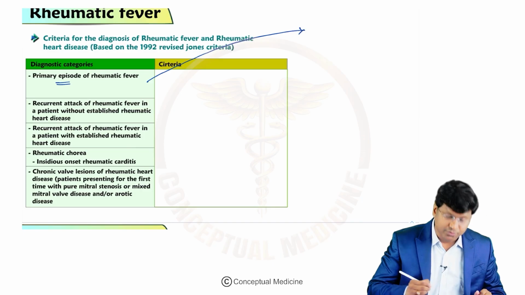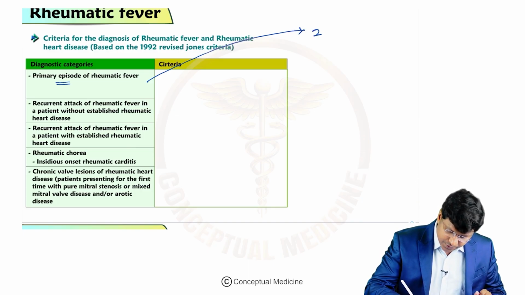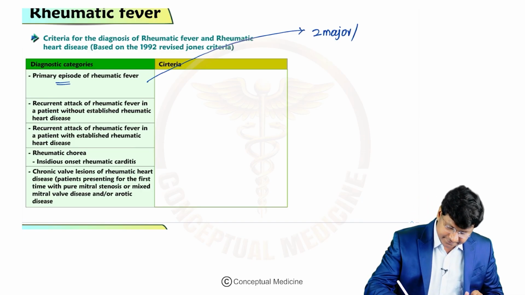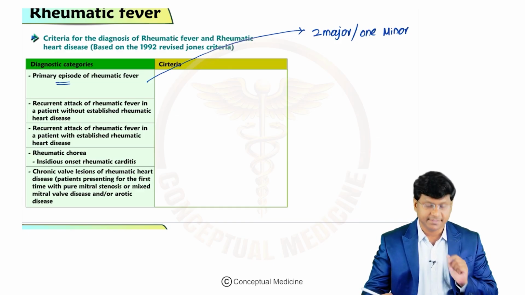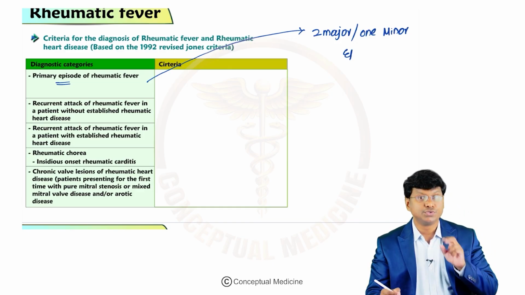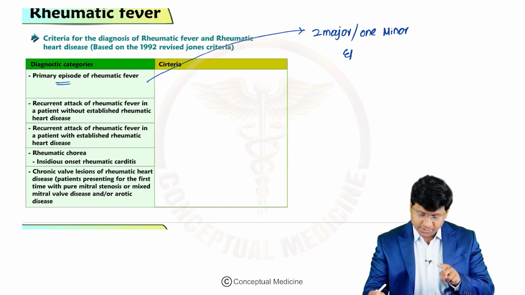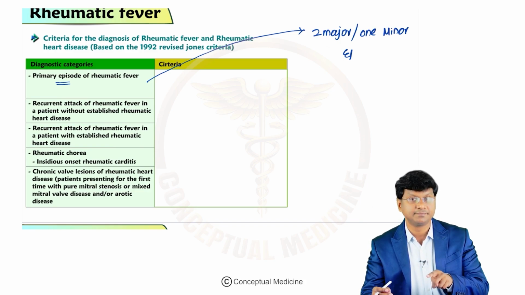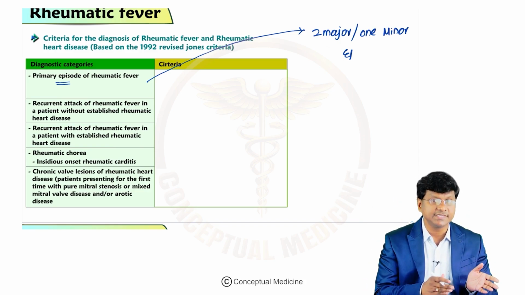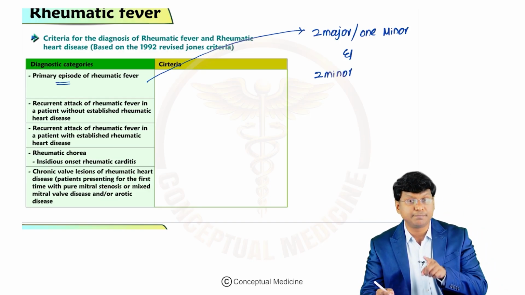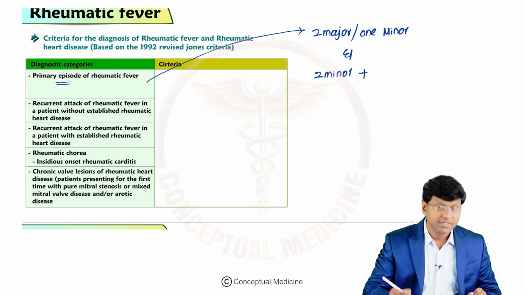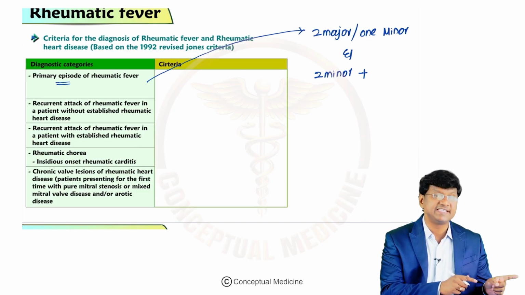In the first episode of rheumatic fever, there should be 2 major, or 1 major and 2 minor manifestations, plus evidence of the preceding infection.